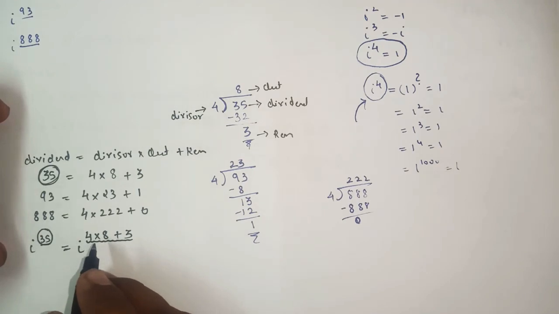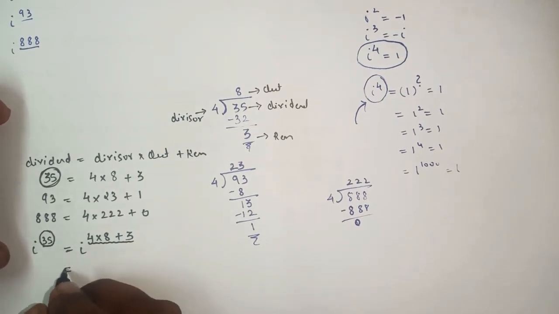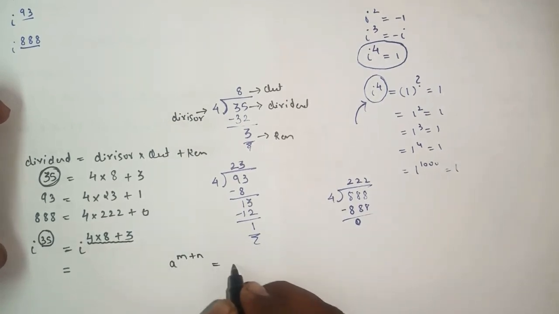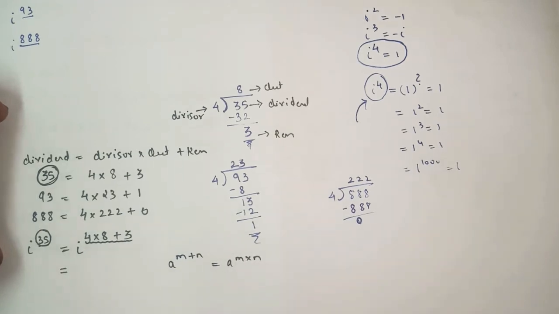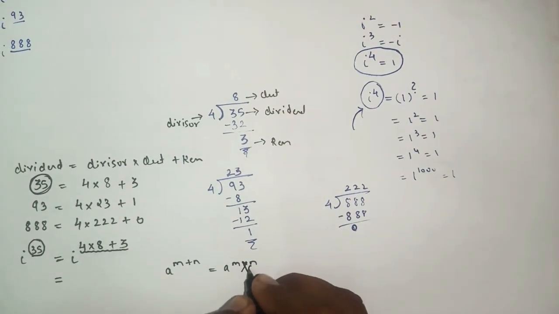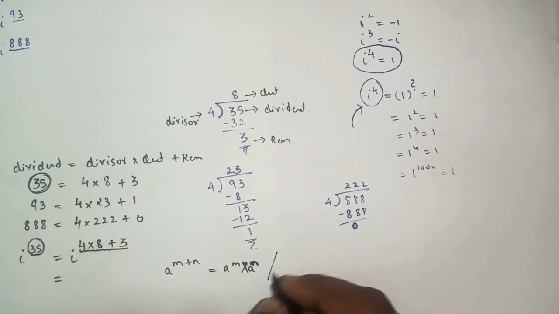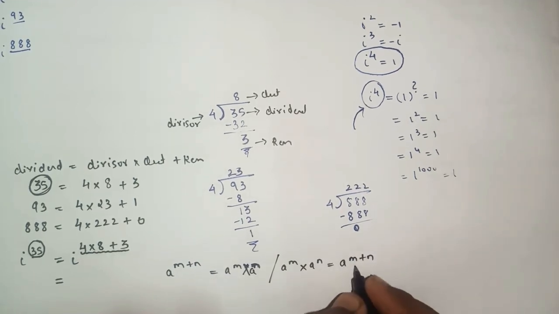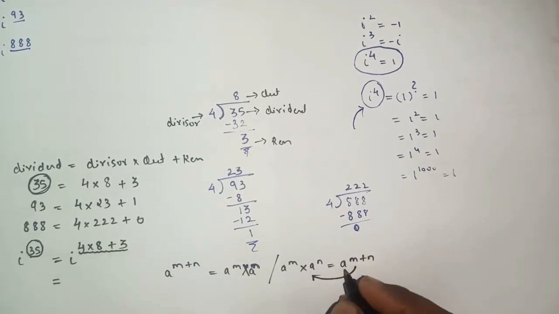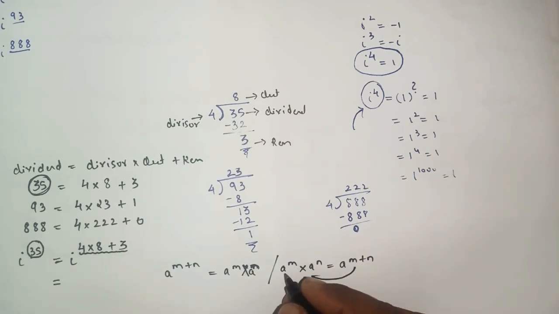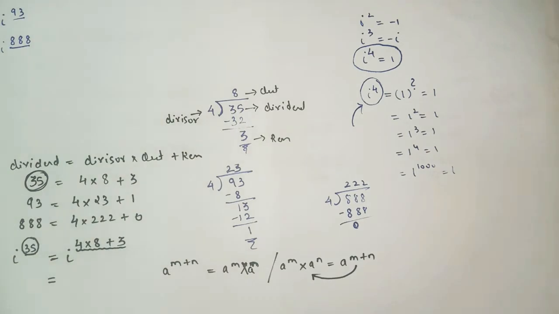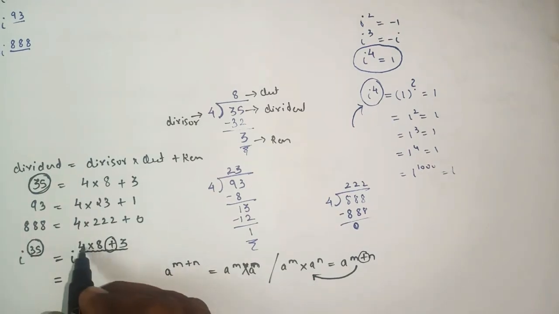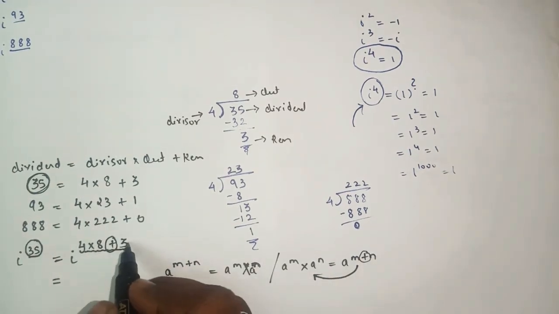After this, what exactly you have to do? Listen here. Now we apply this formula: a raised to m plus n we can write as a raised to m into a raised to n. We know this formula, a raised to m into a raised to n equals a raised to m plus n. Vice versa, in reverse also, if your plus is there, we can write this as a raised to m into a raised to n. Clearly we can see that here we have plus, so we'll consider this part as m, the second part as n.